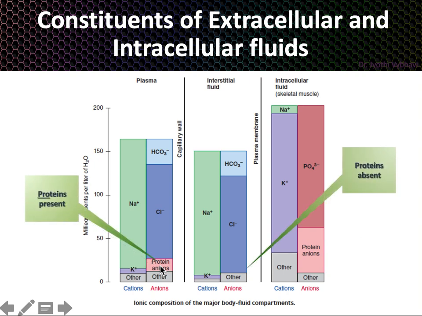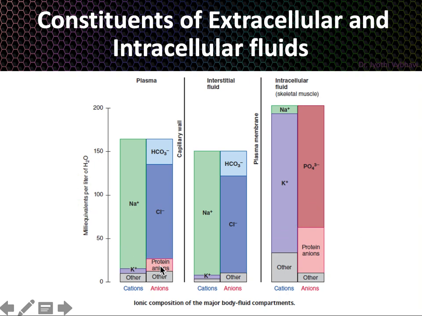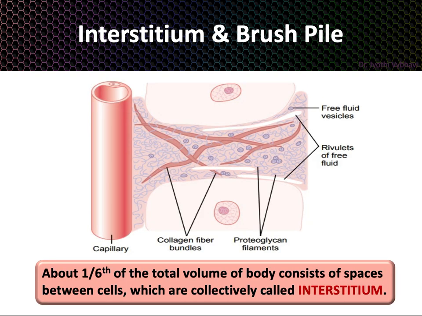Okay, so with this basic information, we'll see the structure of the interstitium. As I said earlier, about 1/6 of the total volume of the body consists of interstitial space. In this picture, take a look. This is the capillary. These are the cells.